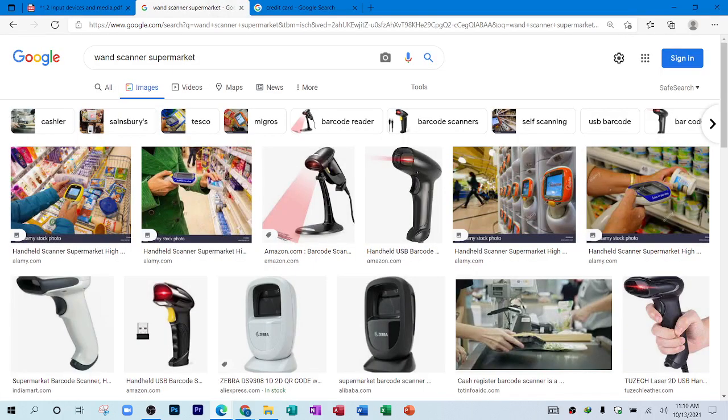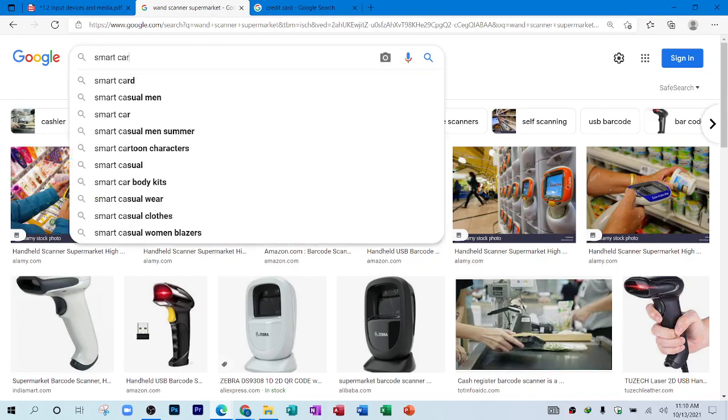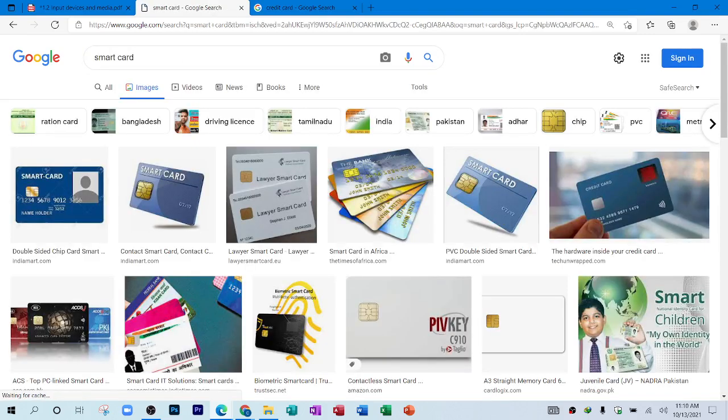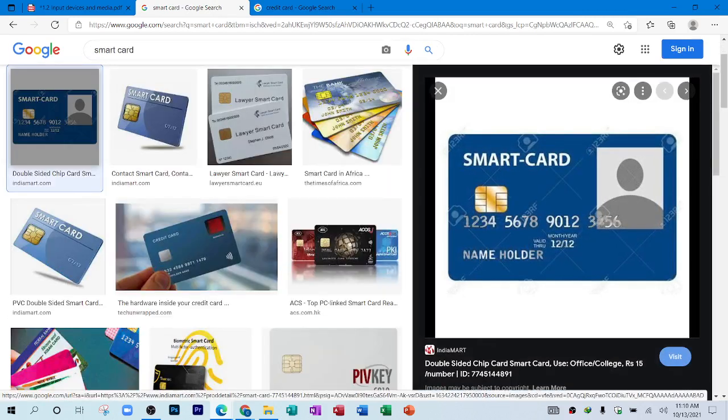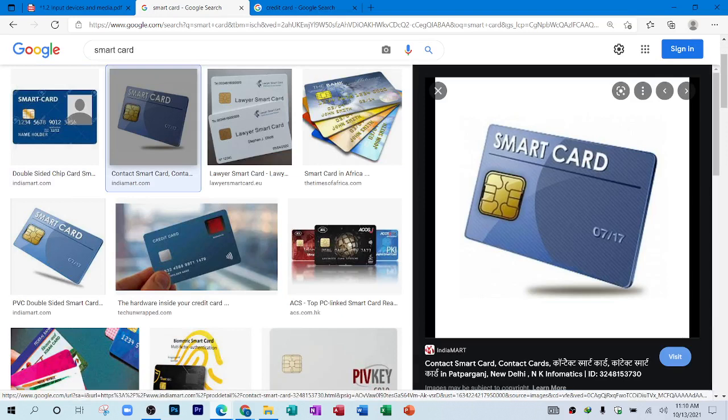So if we were to look at the image, notice if we were to search for a smart card, notice what we're getting here. We're getting a card with a gold colored contact. So that is how the data is transferred.